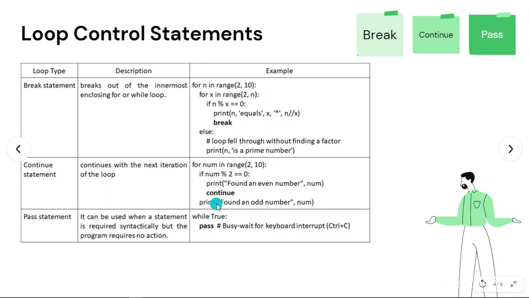The continue statement does not stop the for loop or while loop from executing the next condition, it stops the rest of the statements. So if this particular for loop is executing and we get the continue statement, that means the following statement is not executed, and it continues with the next iteration. Let's say we fulfill the condition with 2 modulo 2, and when the controller enters this condition, it gets the continue statement, that means it doesn't execute the next statement, and it goes on with the next value after 2.